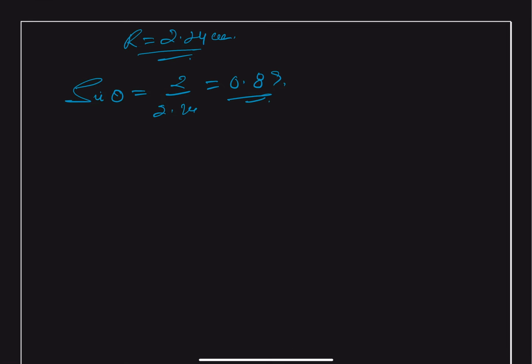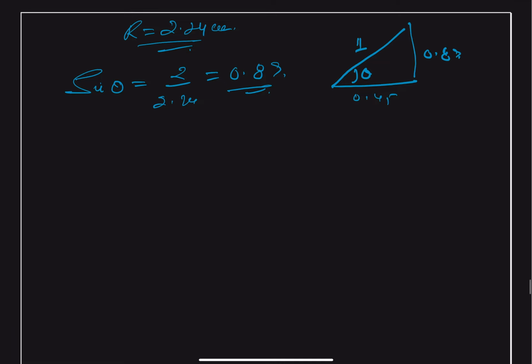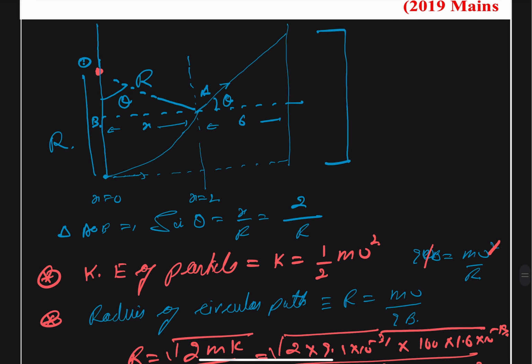And we can just draw a triangle. So if this is theta, this will be our 0.45, and this will be our 0.89, and this will be close to our 1. So therefore we can write that our tangent of theta, let us suppose we call this height h, and this will be r times 1 minus cos of theta.